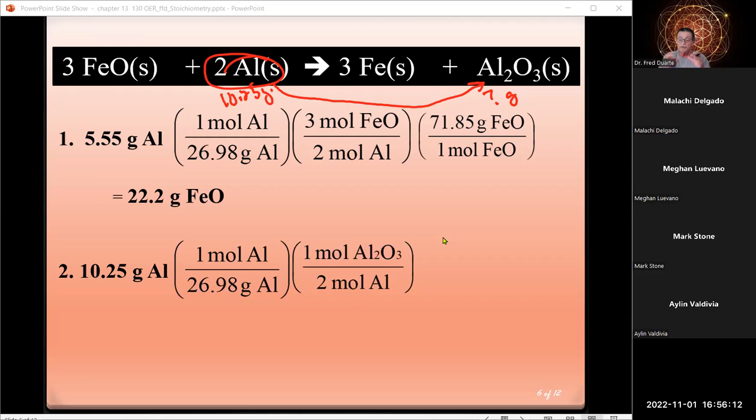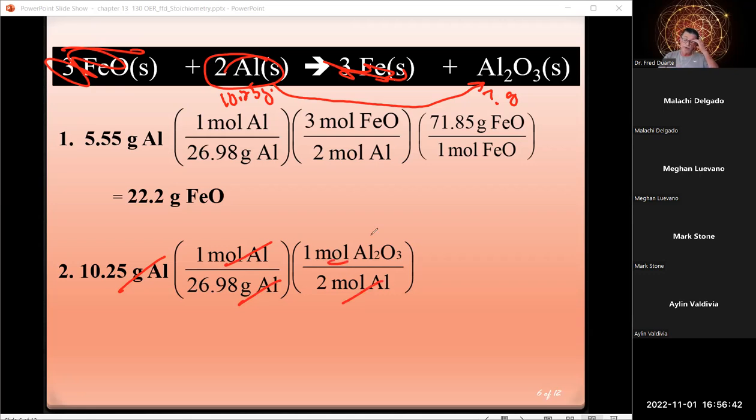We're looking for how much aluminum oxide will be made if I start off with 10.25 grams of aluminum, meaning that everything else we're ignoring because we're not concerned about that. We have enough iron 3 oxide for this reaction. That's the assumption. So we need to figure out how much aluminum oxide we're going to make. Check your units as you're going along. Okay, everything's canceling right now at this point.